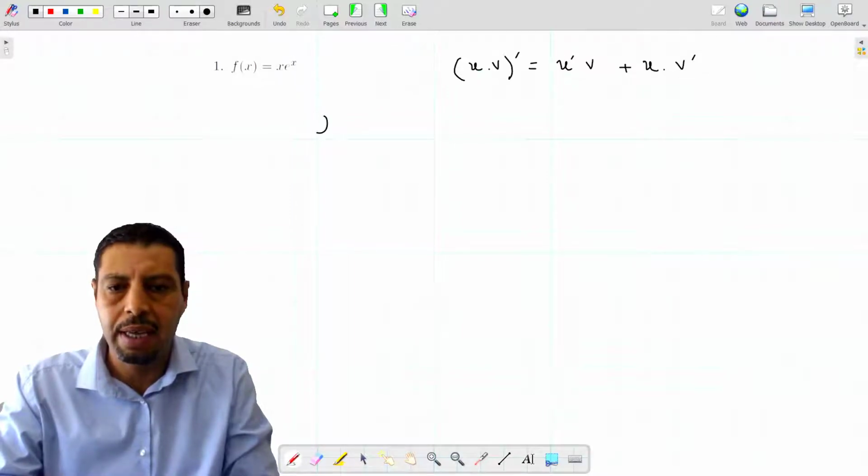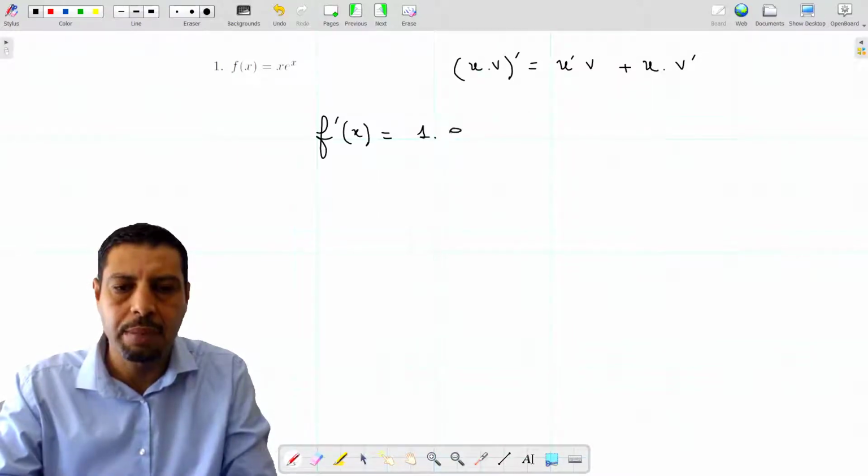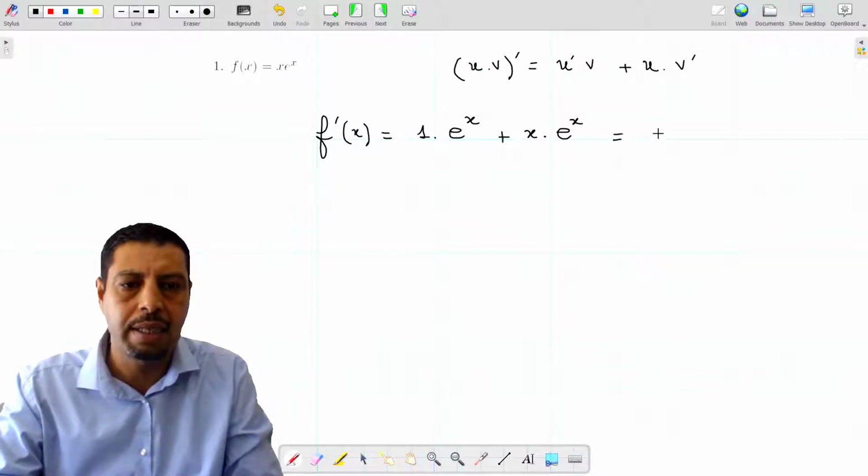So f prime of x can be written as: the derivative of x is 1, so it's 1 times exponential x, plus x times the derivative of exponential x, which is exponential x, and we find that it's exponential x times (1 plus x) after simplification, okay?